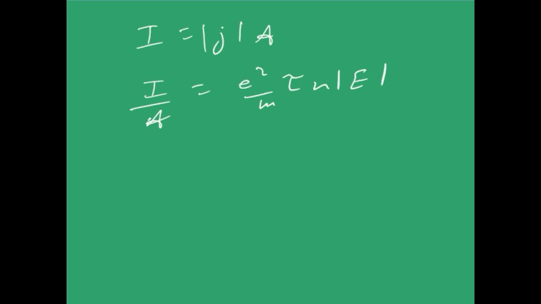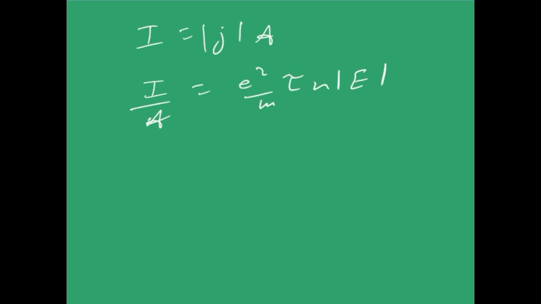So current will be current density into area by definition, of course. And current density from this formula of the previous slide can be written as I by A is equal to e square by m tau n mod E. I hope everything is clear till now.